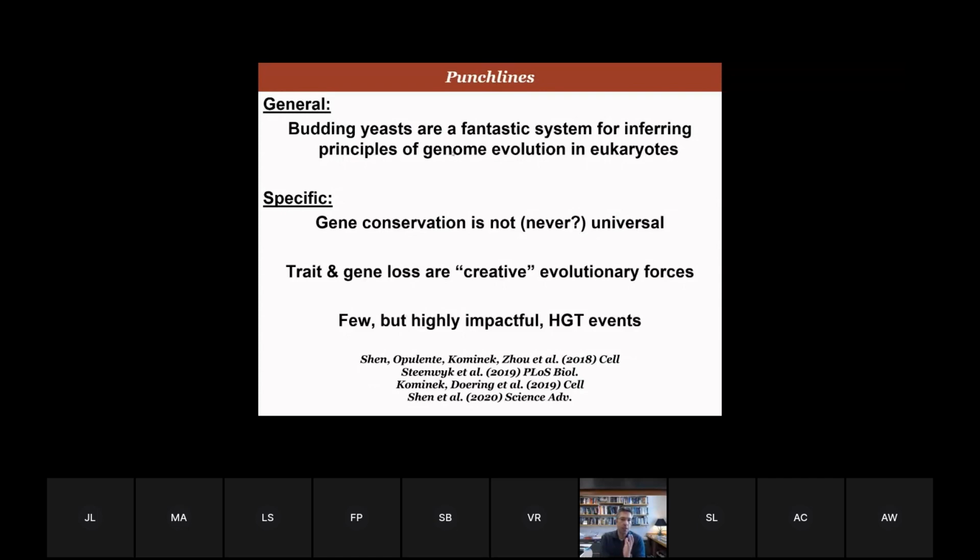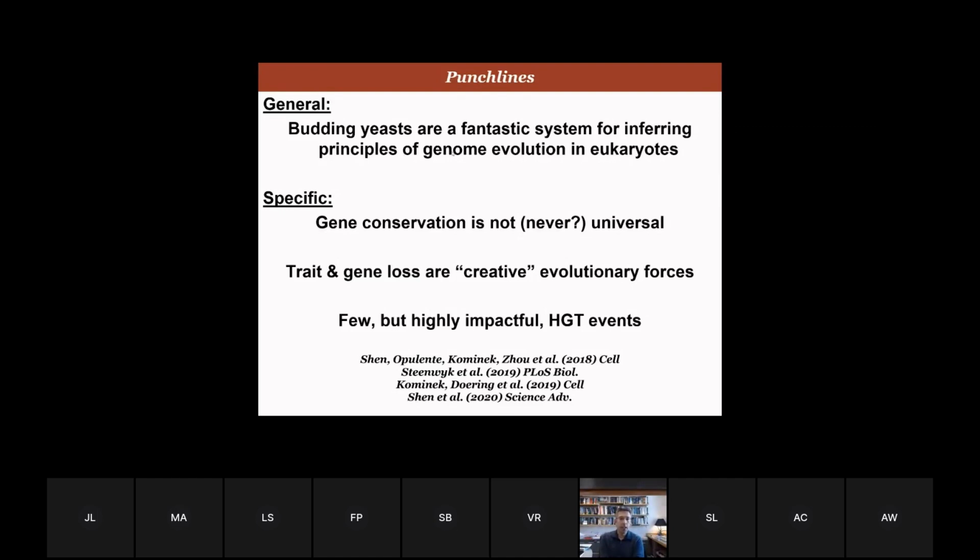So we have lineages that have lost quite a lot of components of DNA repair or cell cycle. And so we're beginning to think that this gene conservation that we think of for essential genes or pathways is almost never universal. We see a lot of loss of traits, metabolic traits, and of the associated metabolic pathways.